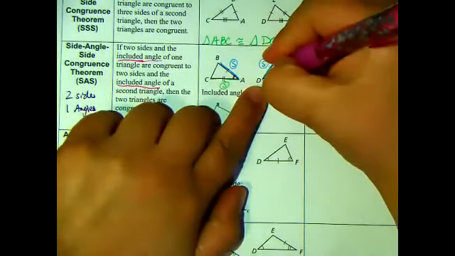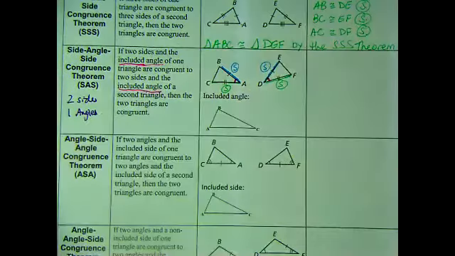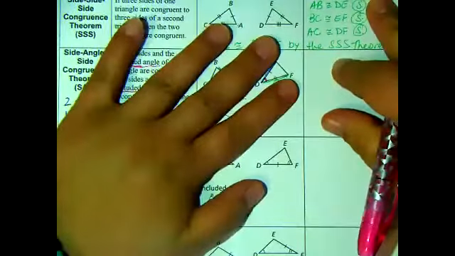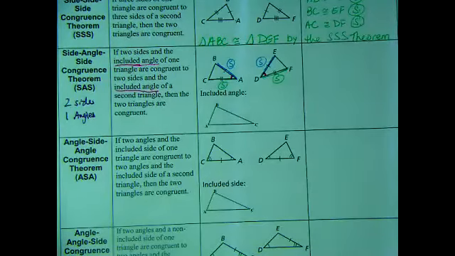Similarly, this angle here is my included angle for these two sides. It's the angle that's created by those two sides right there. So the included angle is essentially the angle that is created by the two sides that you're using.